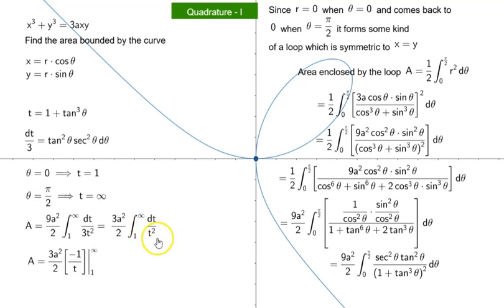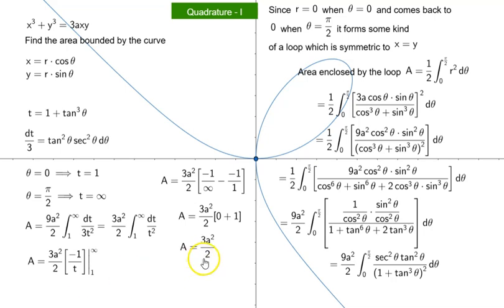The integral of 1 by t square is minus 1 by t, with limits from 1 to infinity. Substituting the limits, we get 3a square by 2 times minus 1 by infinity minus minus 1 by 1, which gives us 3a square by 2 times 0 plus 1. So finally we get the area is equal to 3a square by 2.